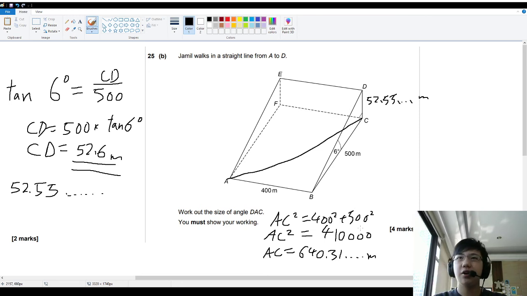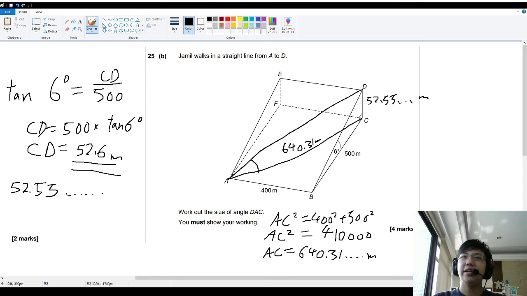So for the next part of this question, we need to figure out the angle DAC. So let's draw an extra line from D to A. So we need to figure out this angle over here.